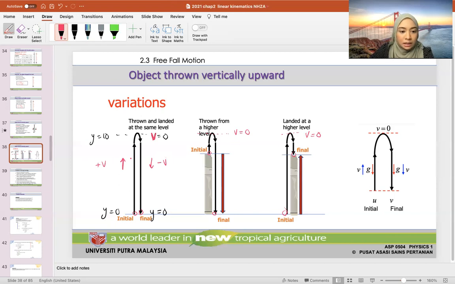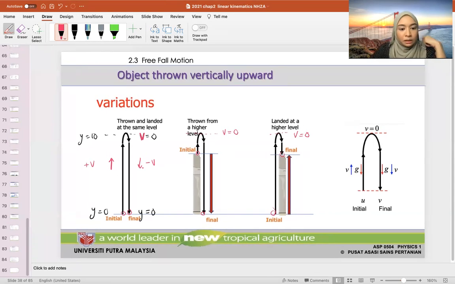Okay? And for a symmetrical motion, like this free fall over here, the time to reach the maximum height will be equal to the time from the maximum height down to the final position. So T1 is equal to T2.